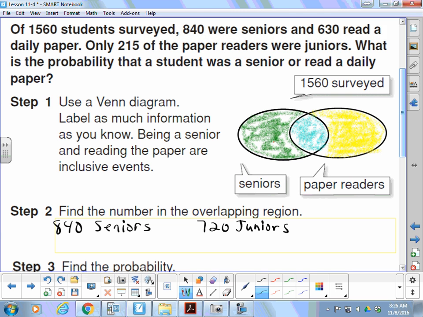Okay. Says only 215 of the paper readers were juniors. All right, so we've got 630 paper readers.